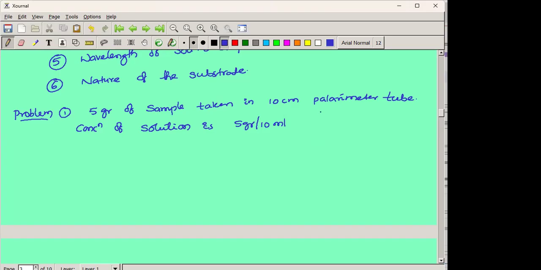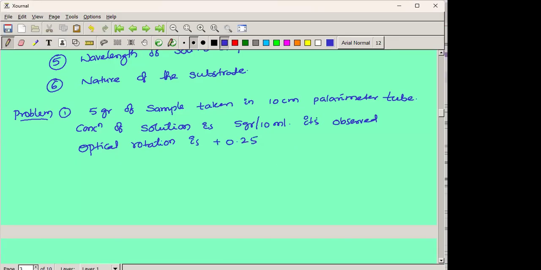Calculate it. Its observed optical rotation is plus 0.25.